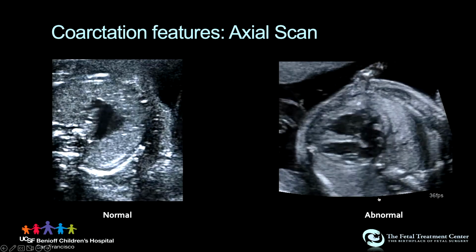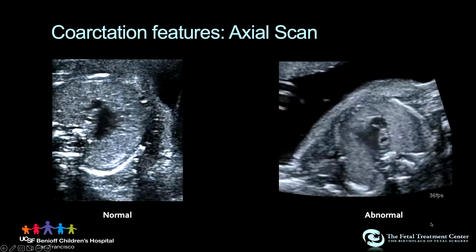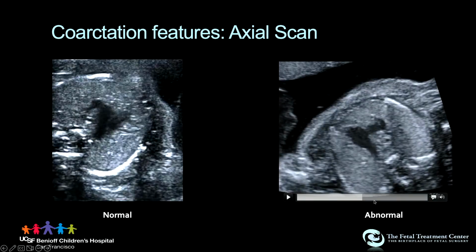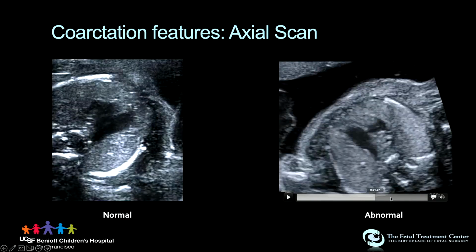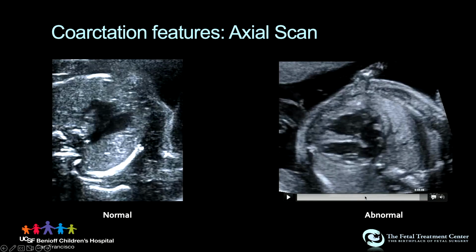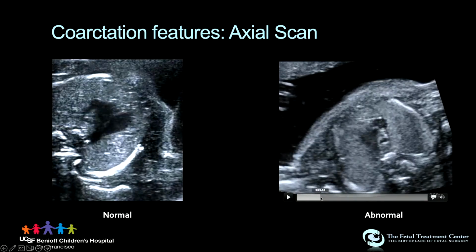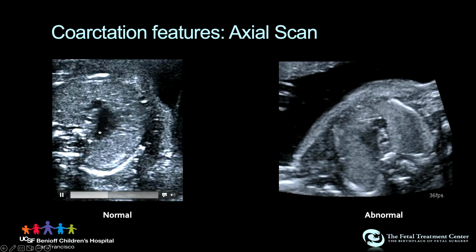So here's another side-by-side of a normal compared to an abnormal. If you pause this image here, let's move it to where you see the arch. You can get the sense, if you compare it to this moving image here, that this aorta looks pretty much equal in size to this pulmonary artery, both making that V shape to the left of the trachea.